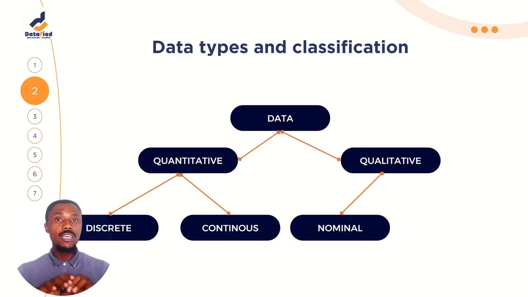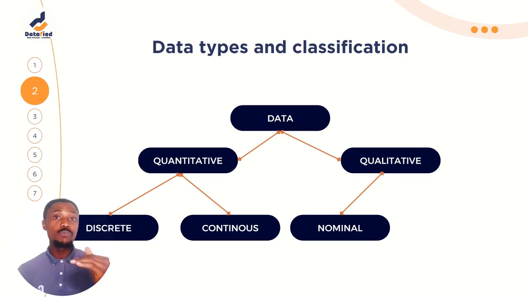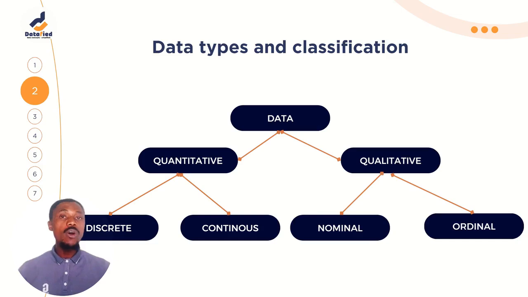You cannot necessarily place order except you want to order the countries based on spelling, alphabetical order, but that may not give you any insight in your analysis, except you are interested in ordering the countries in a particular order. But any data that doesn't place order into the arrangements or categories is said to be nominal data. Then we have ordinal.